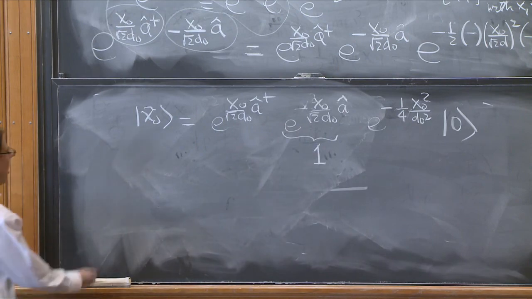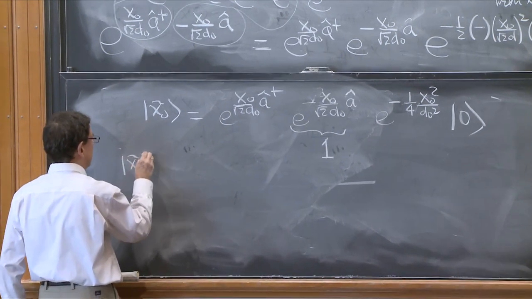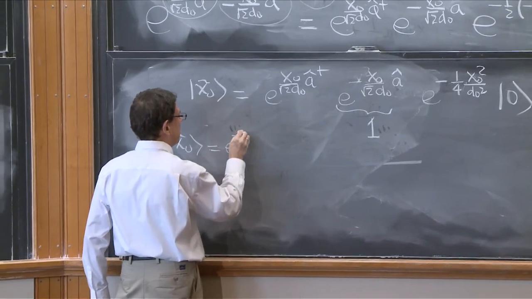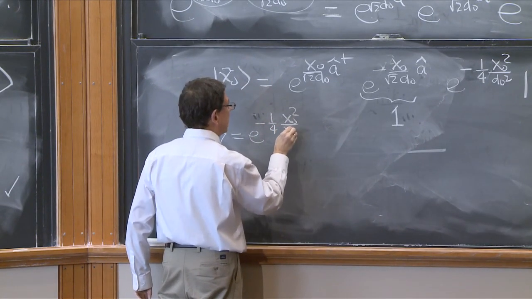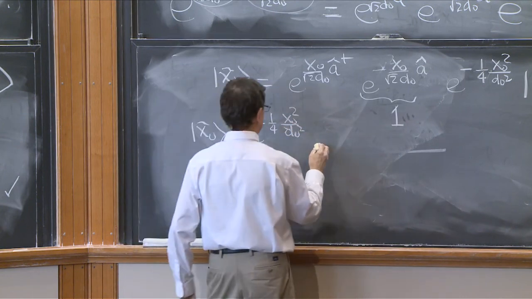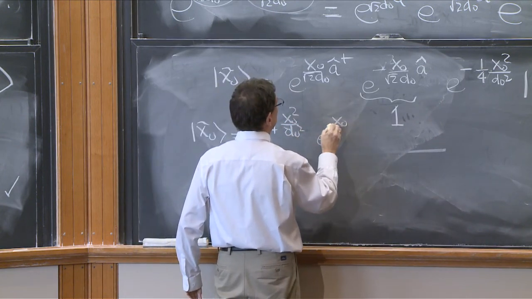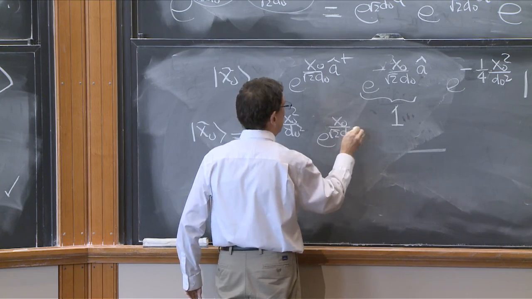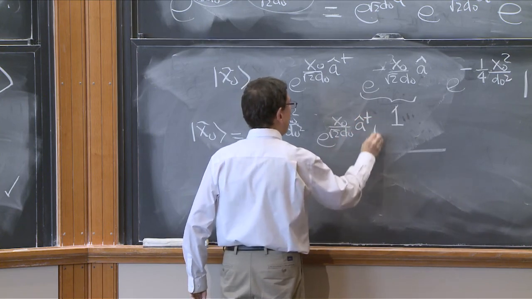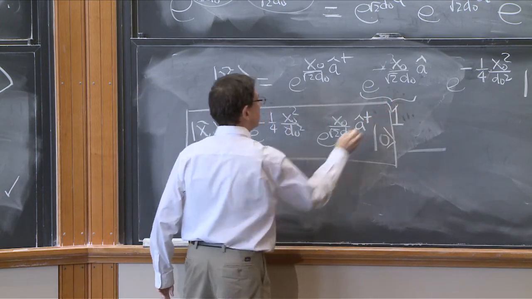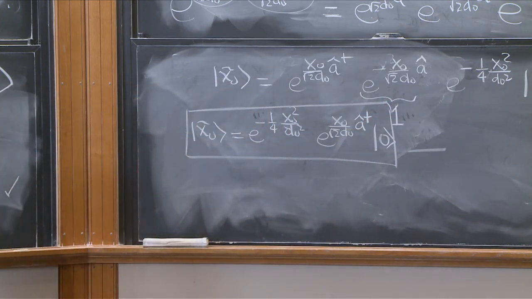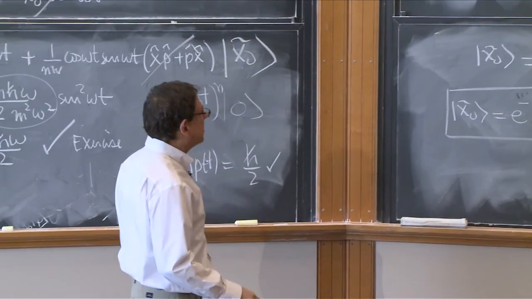So what have we gotten? The state x0 tilde is e to the minus 1/4 x0 squared over d naught squared times e to the x0 over square root of 2 d naught a dagger on the vacuum. Well, this is nice.